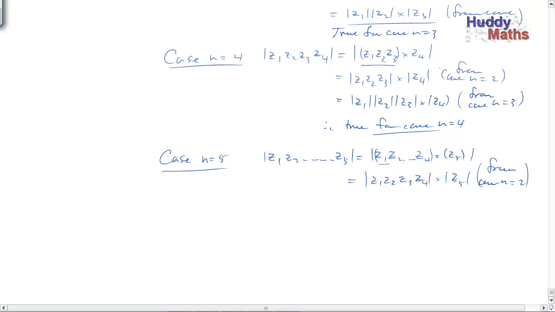The 2-step idea, common again, you've got to show the pattern, and then you're picking up the previous one. Must be identical pattern in each of these. This is from the previous one, case n equals 4. Therefore, true for case n equals 5.